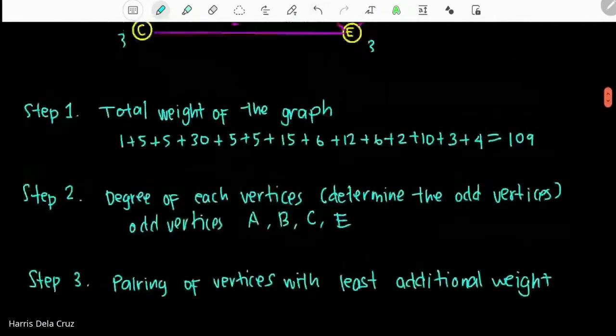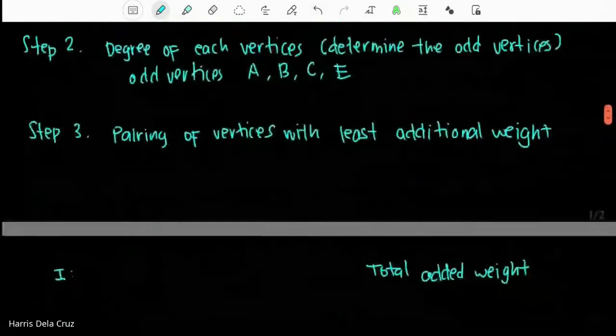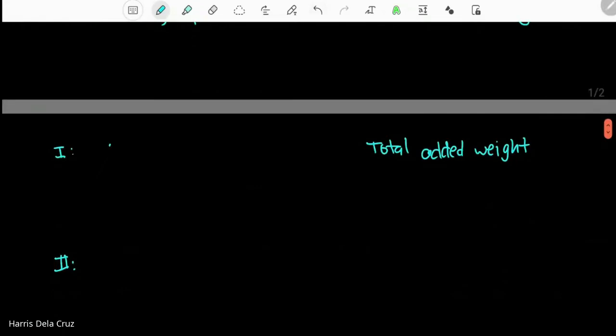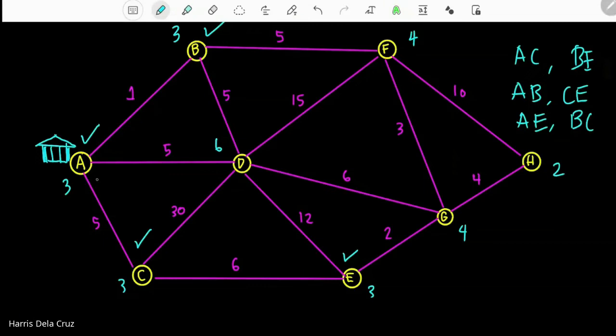First we have AC and BE. If we have AC and BE, we need to find the shortest possible path from A to C and from B to E. Looking at our graph, the shortest possible route from A to C is this route. Now, if you have a more complicated graph, you can perform Dijkstra's algorithm.